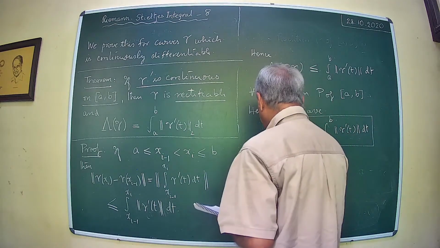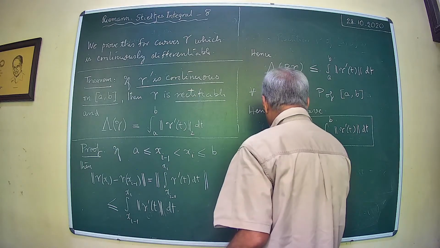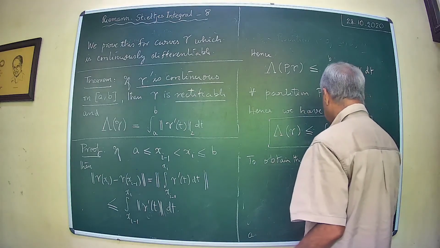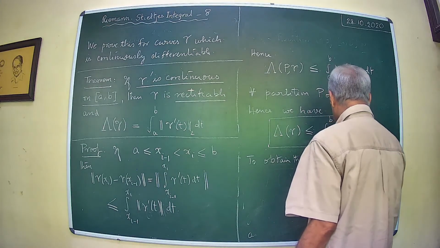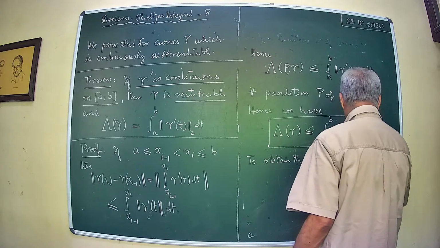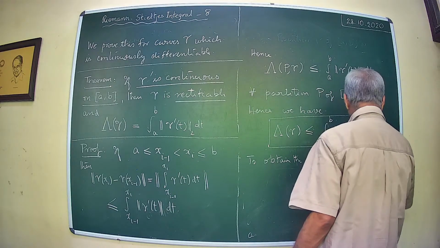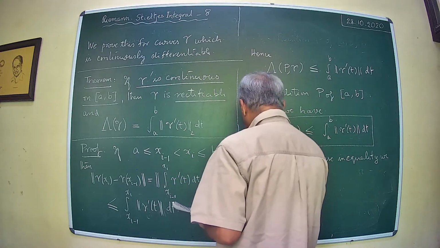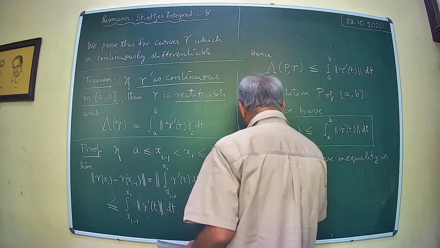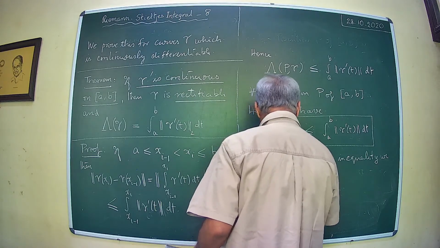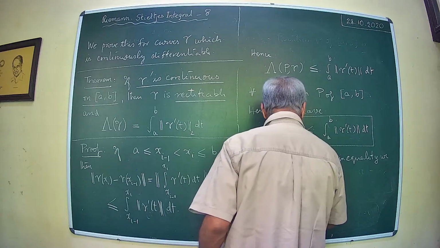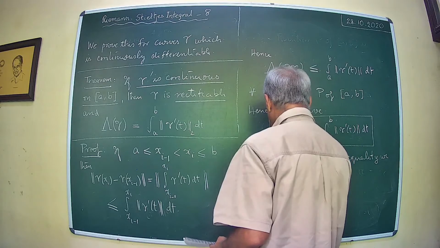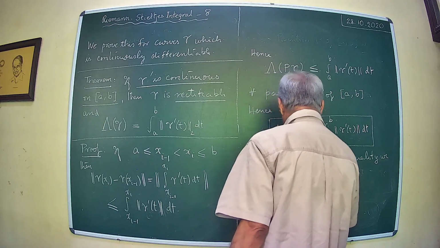To obtain the reverse inequality, we consider the partition as before. Let epsilon be positive.